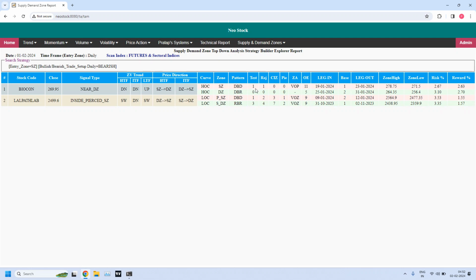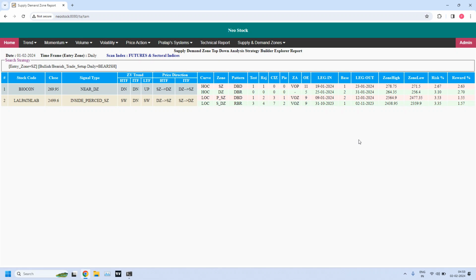Because it is already tested, to decide whether to consider it you have to fine-tune the zone up to the 5 minutes level. But does it have a good risk reward? No, it is 1:1. Even 1:1 is not a problem.